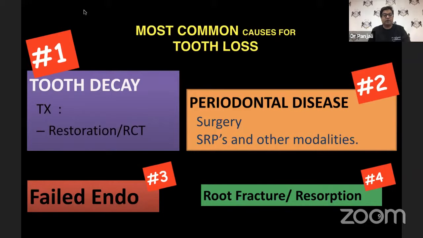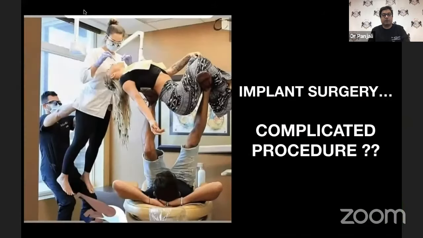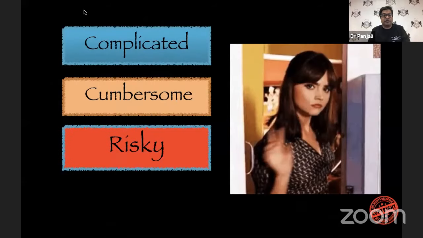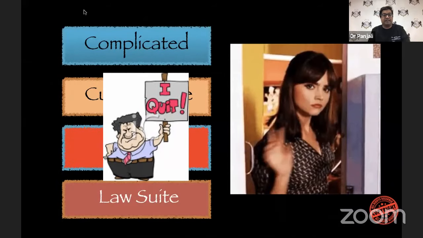But as soon as we see a patient and start talking about the options, in our heads we think it is a very, very complicated procedure, right? We think it is cumbersome, it is risky, and a lot of people, at least in the US and some other countries, are thinking, I'm not going to get into a lawsuit, so I quit.